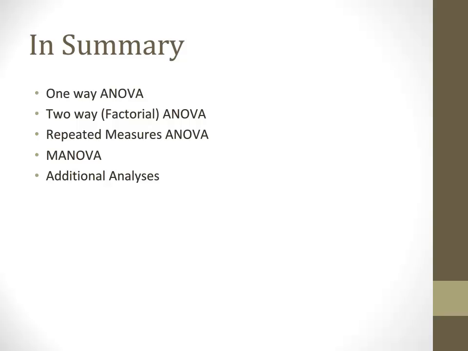That's when the researcher really wants to combine the one-way ANOVA and the repeated measures ANOVA. And then we briefly talked about the ANCOVA when the researcher wants to add in a covariate or statistically control for a confounding variable such as individuals' pretest scores. So this completes our overview of ANOVAs and MANOVAs.